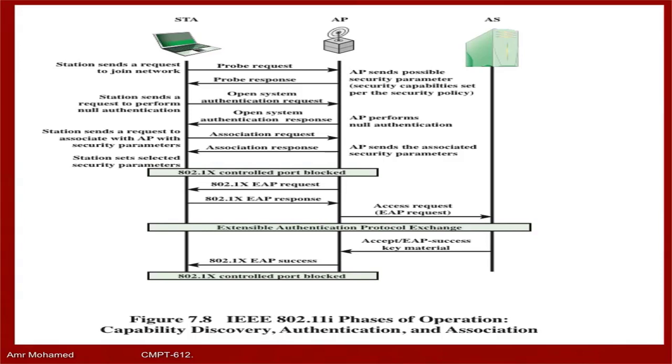Here at this point, the association could be done completely, based on the security mechanism that was communicated here. So if it's WEP or WPA, then at this point we're done. If it's WPA2, then these messages will be null authentication for backward compatibility, and then we'll start the phase of authentication using 802.11i, which will involve 802.1X with EAP, which has to go through the RADIUS server or the authentication server.